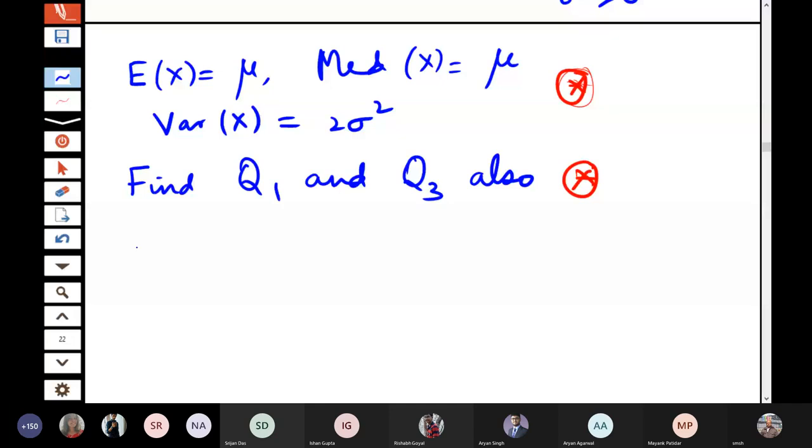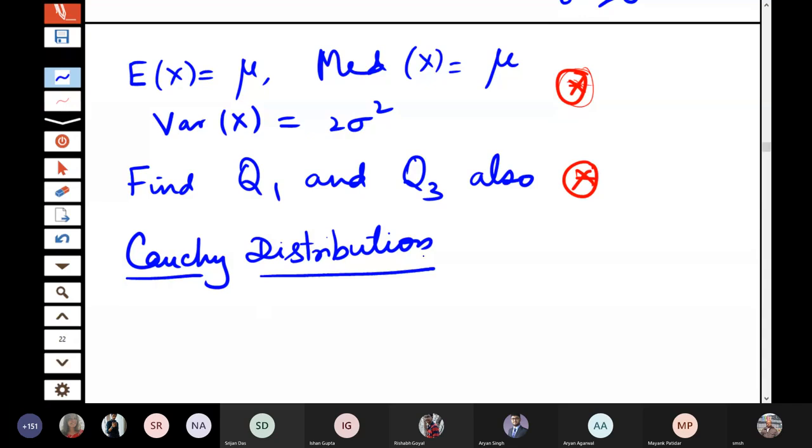Let me take another distribution, which is again quite well known. It is the Cauchy distribution. Actually, one of the forms of the Cauchy distribution I gave you earlier, that is 1 by pi, 1 by 1 plus x square.